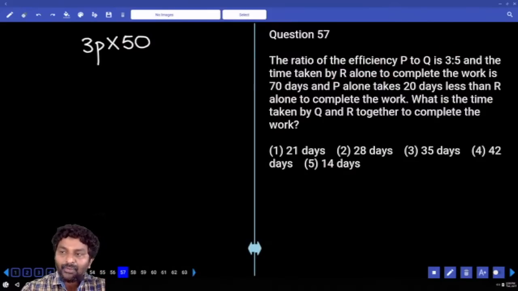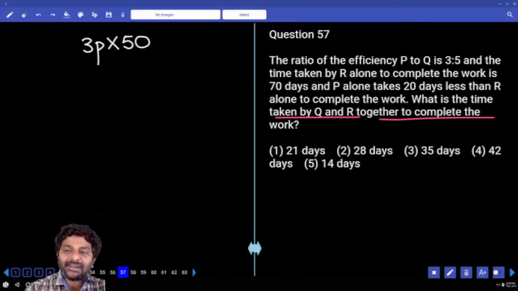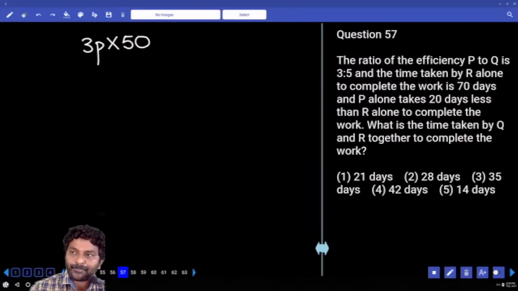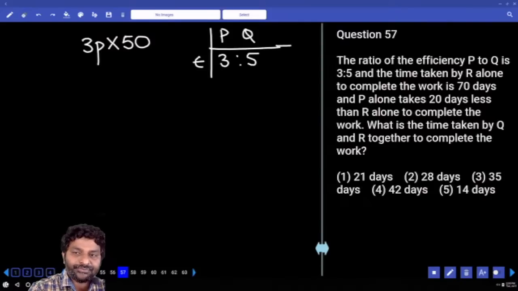Okay, now what is the time taken by Q and R together to complete the work? Right. Now look at this. You already know the PQ efficiency ratio, that is 3:5, and you have R also.